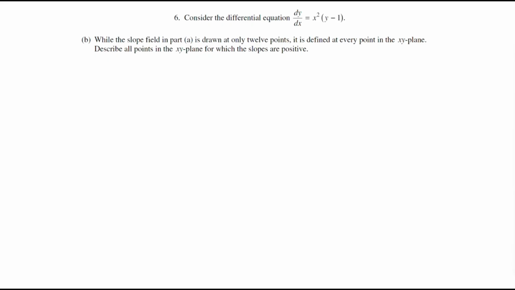In part B, it asks us for all points in the xy plane for which the slopes are positive. Well, we know that x squared is always positive. So really we just need to look at when is y minus 1 positive. In fact, we know x squared is always positive or 0, right? X squared is always greater than or equal to 0. And so this is true when y is greater than 1.